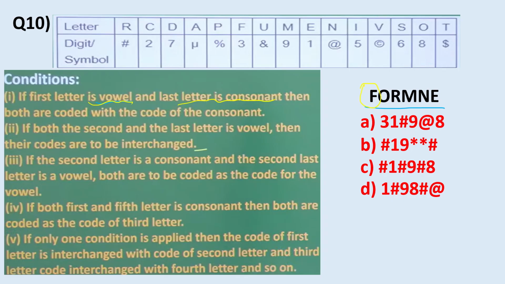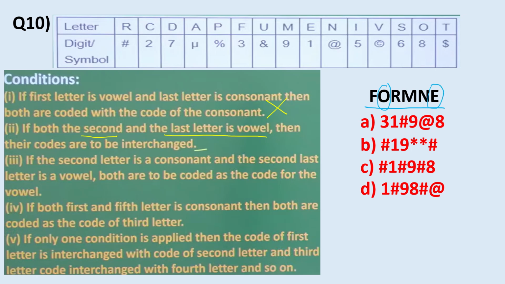Go to the next condition now. The first condition is failed. Go to the next condition. If both the second and the last letter are vowels. Now see, the second letter is O, correct? The second letter is O and the last letter is a vowel. So both are vowels. So this condition is applying.